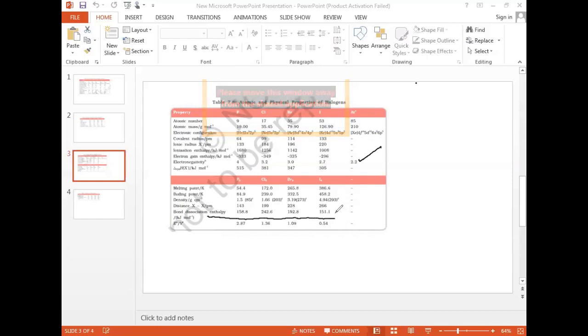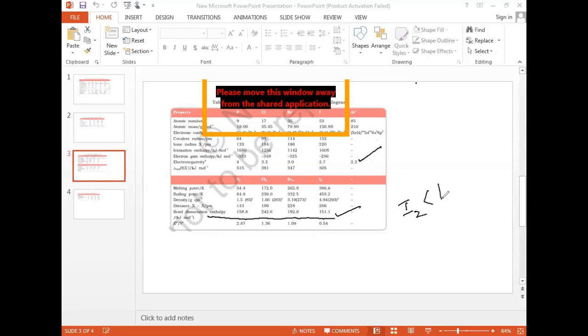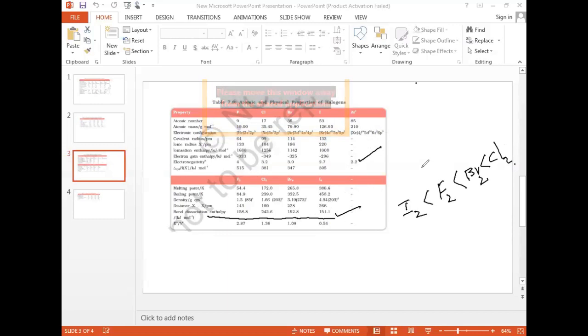Even it is coming for CBSE board exam, and 1-2 times they asked in final competitive exams, whether it is mains or NEET, I don't know exactly, but 2-3 times they asked this particular one, right? Now here if you see the bond dissociation enthalpy, first we can take iodine, followed by fluorine, then followed by bromine, followed by chlorine. That is very, very important.